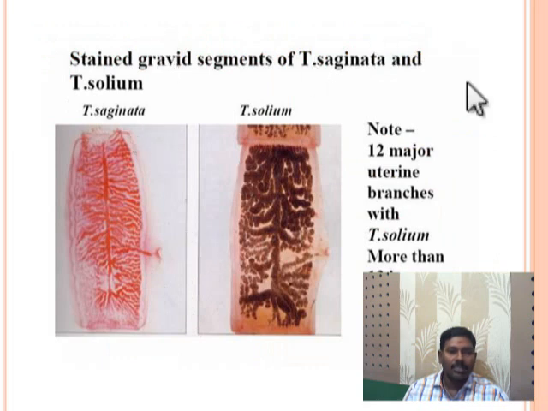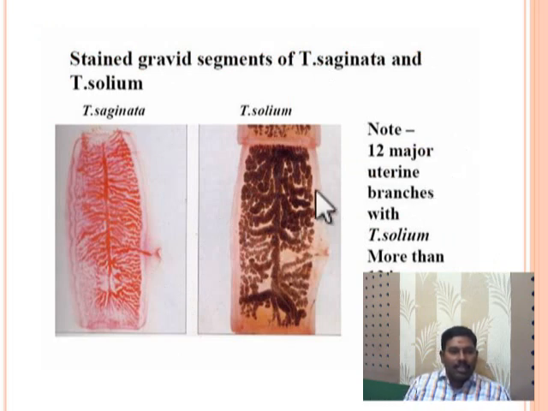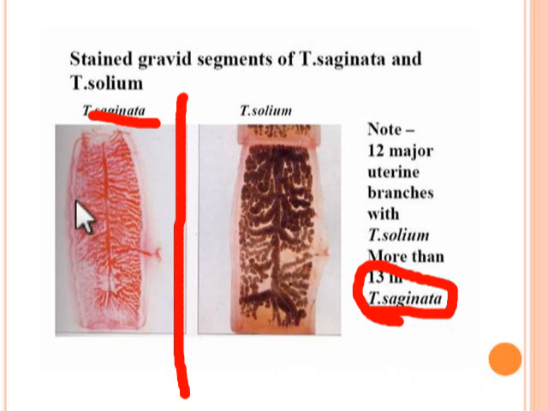Here see another important difference between Taenia solium and Taenia saginata. In Taenia solium, 12 major uterine branches will be there, whereas in Taenia saginata more than 13 uterine branches will be there. So this is the main important difference.